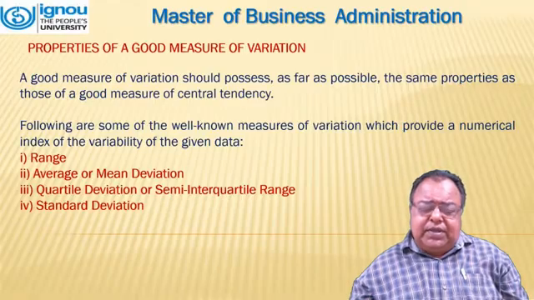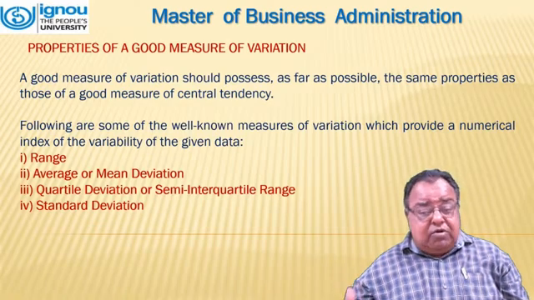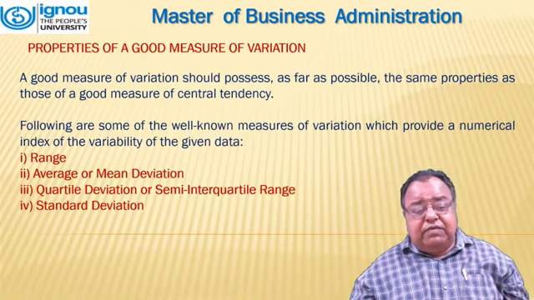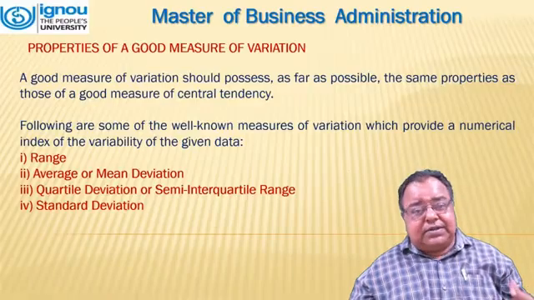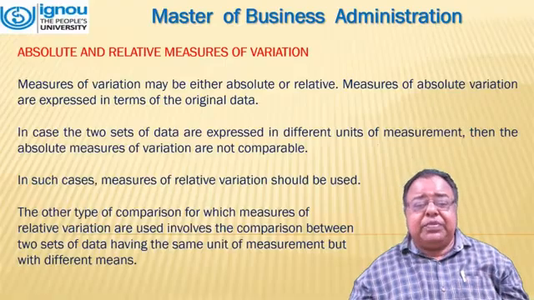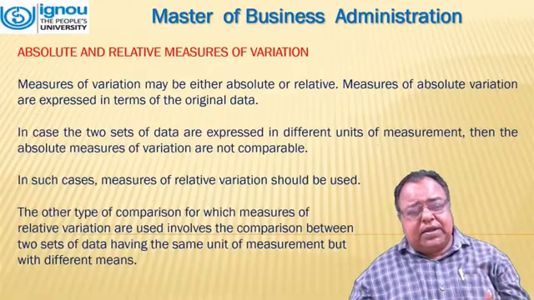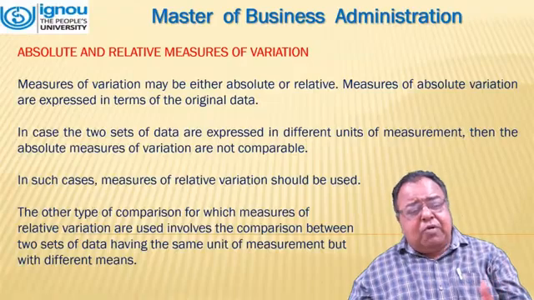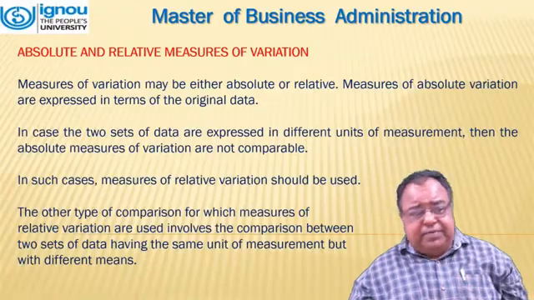First is range, second is average or mean deviation, third is quartile deviation or semi-interquartile range, and the fourth, the most important, is the standard deviation. Mathematically, first we will see their theory, then we will see how each is evaluated.